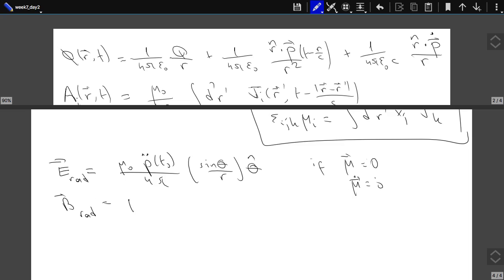And B radiation is mu 0 p double dot(t_0) divided by 4 pi c. Of course, in this expression, we are assuming that p is in the z direction.